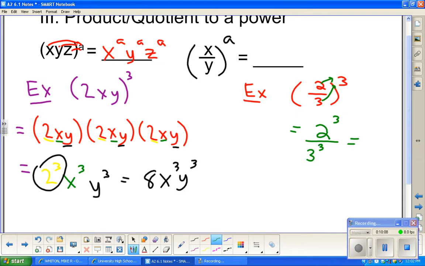And then you just simplify each and write it as a fraction. 8 over 27, that's it. Okay, so the rule: the numerator to the exponent and the denominator to the power. X to the a over y to the a.